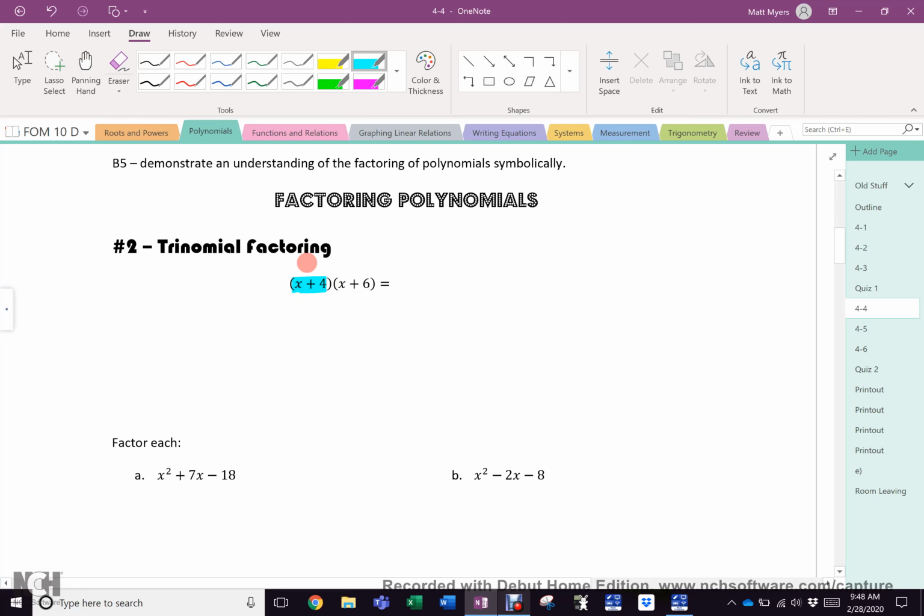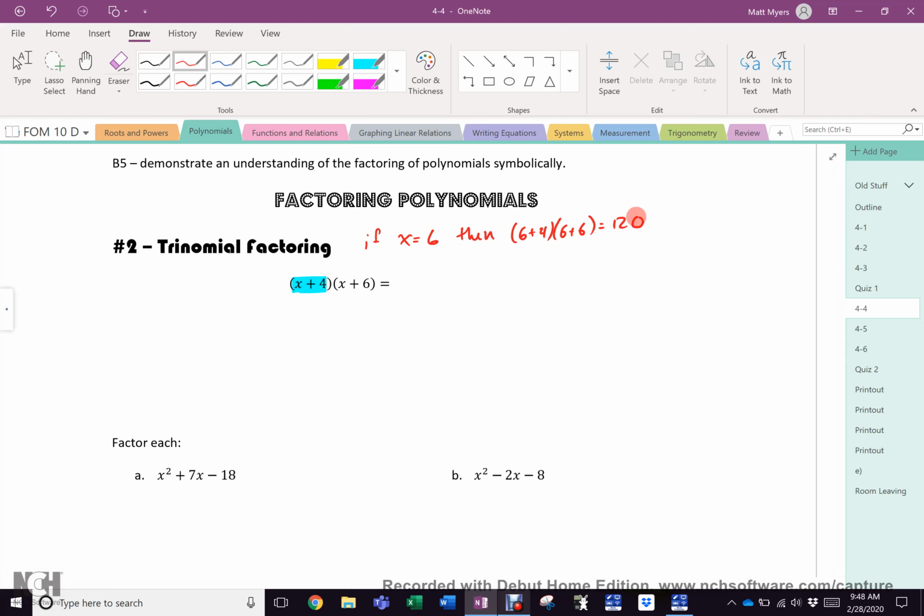Because if I told you that x was 6, then this would be 10, this would be 12, and the product would be 120, wouldn't it? Does everybody agree? So I'm just going to write that. If x equaled 6, then I have 6 plus 4 times 6 plus 6 to get 120. Everyone agrees, right? 6 plus 4 is 10, 6 plus 6 is 12, 12 times 10 is 120.